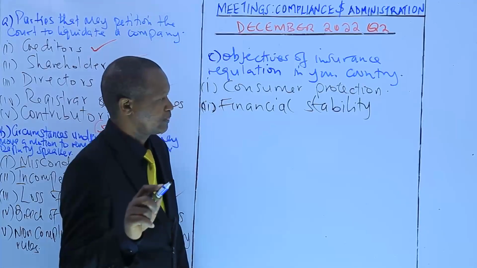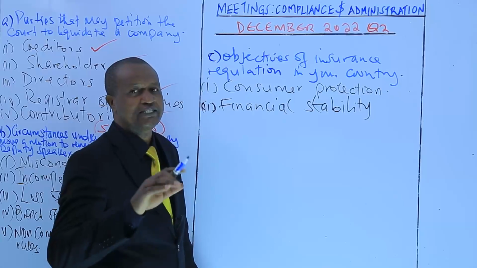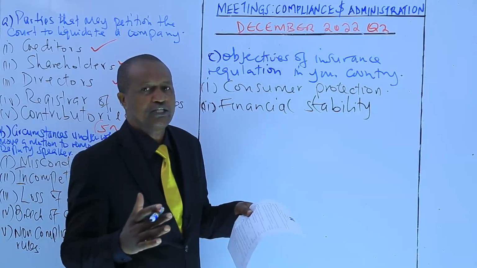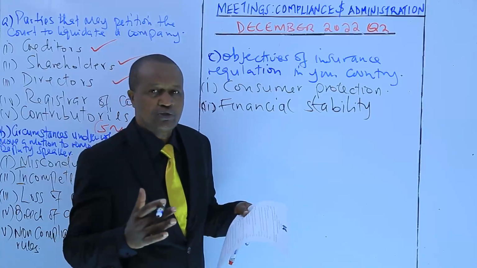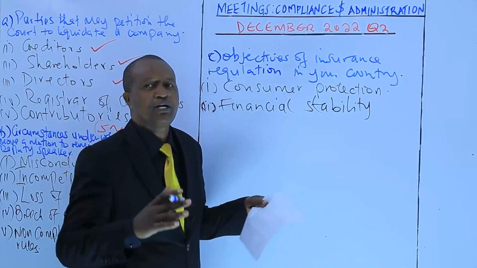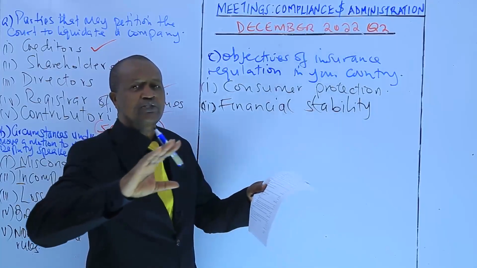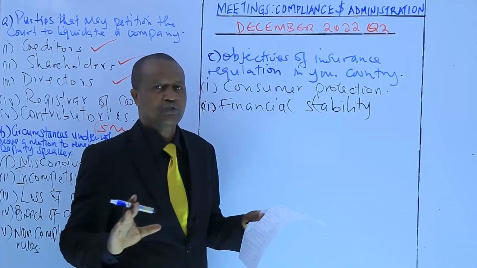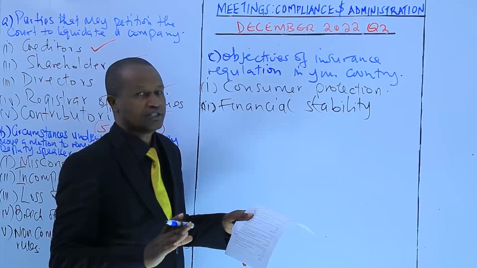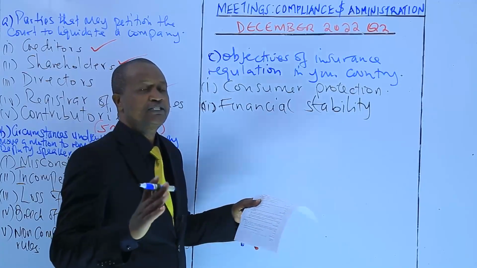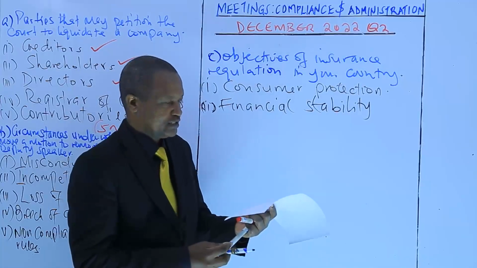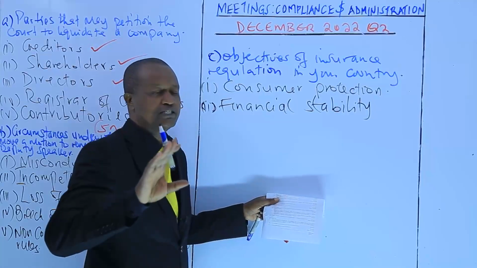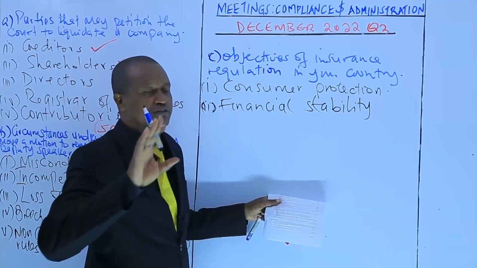Insurance regulation seeks to maintain the stability of the insurance industry and protect policyholders' interests by monitoring the financial soundness and solvency of insurance companies. And that involves setting capital requirements, conducting financial audits, and also implementing risk management frameworks.